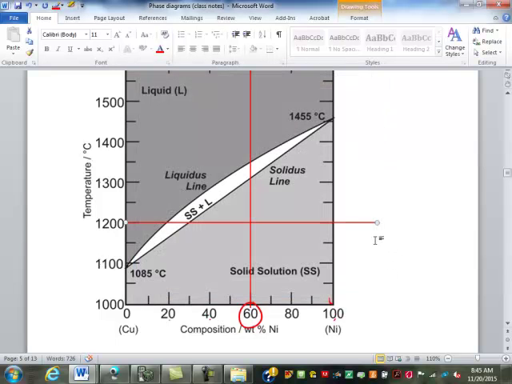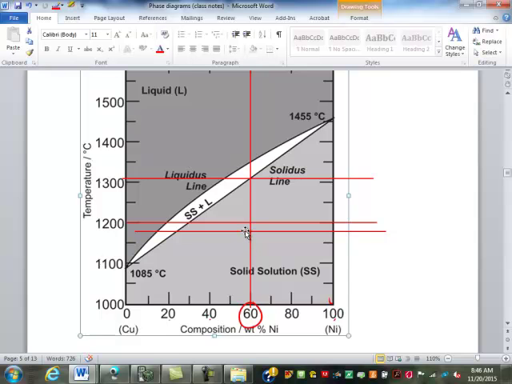So here's what I'm going to do. Right there, you can see that's where I'm crossing that 60% line. You see that's just above 1300 degrees. It's about 1308, 1307. This 60% nickel, 40% copper, anything below that temperature, it's solid.